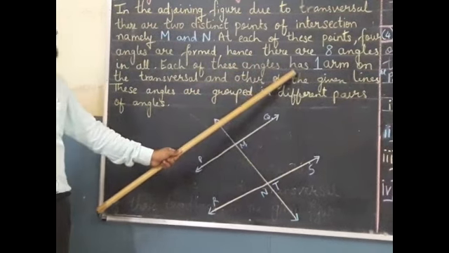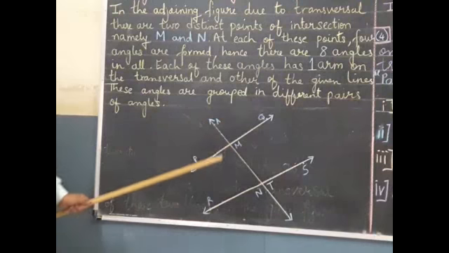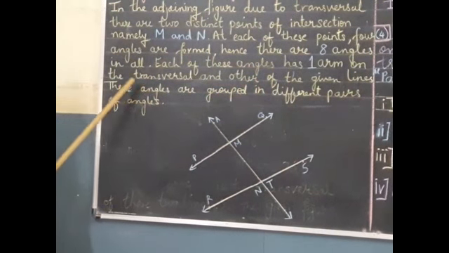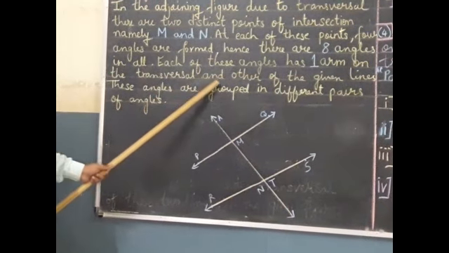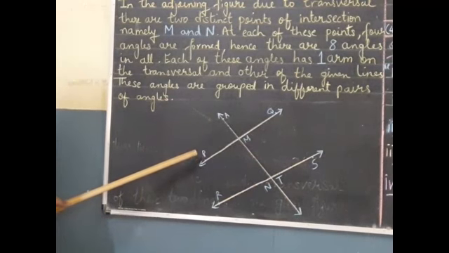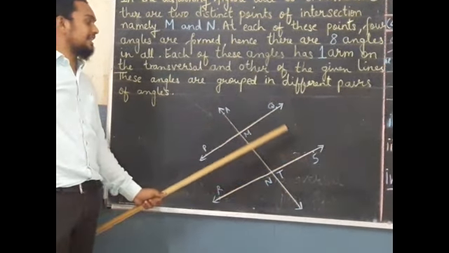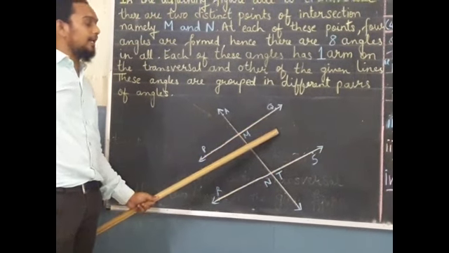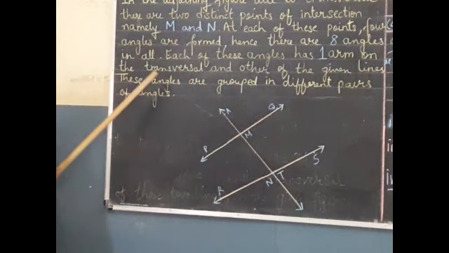Each of these angles has one arm on the transversal A, and the other on one of the given lines, line PQ and line RS. PQ line is considered as one arm and RS also as another arm.